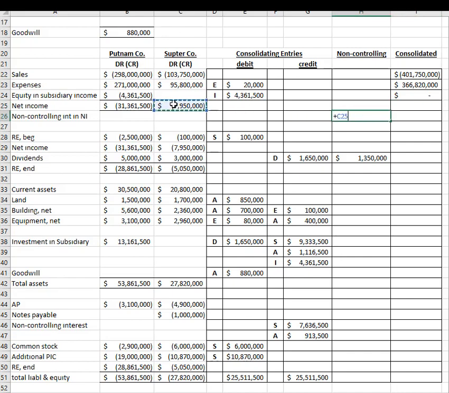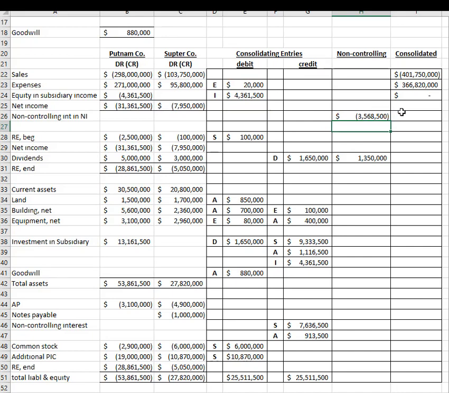So the non-controlling interest portion is from the subsidiary. So it's the subsidiary's income plus any of these adjustments that belong to the subsidiary, in this case the 20,000. So it's that number times their proportionate share of income. So they get 45% of that.